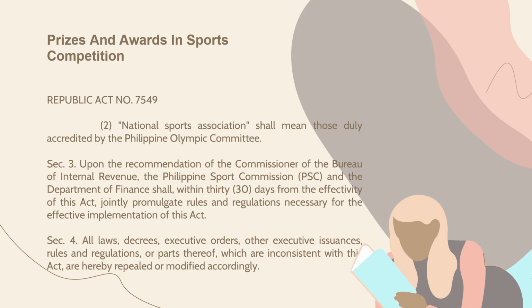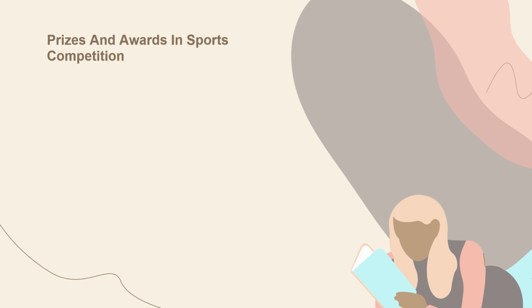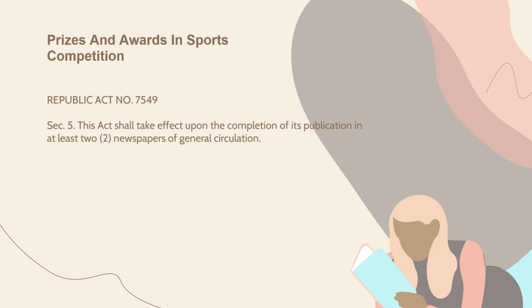Sec. 4. All laws, decrees, executive orders, other executive issuances, rules and regulations or parts thereof which are inconsistent with this Act are hereby repealed or modified accordingly. Sec. 5. This shall take effect upon the completion of its publication in at least two newspapers of general circulation.